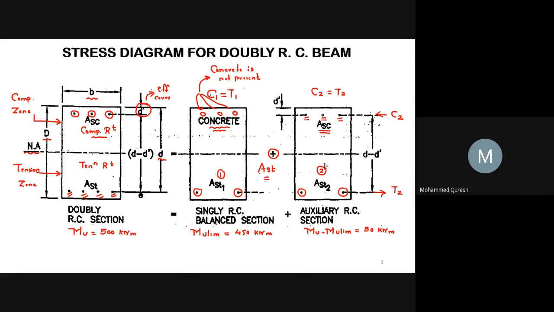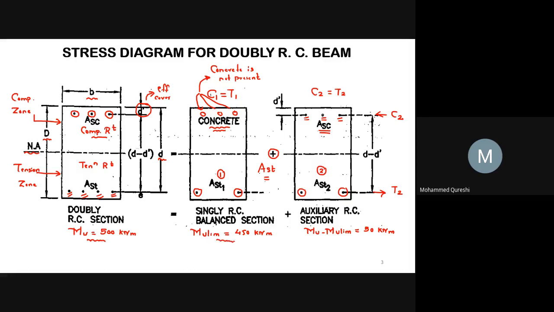So, the 50 kilonewton meter additional moment, that is the auxiliary RC section. For this, we have to add steel reinforcement at top as well as additional steel reinforcement at bottom. So this is our stress diagram for the WRC beam. Simple, just remember this word. This Mu we had calculated is 500.